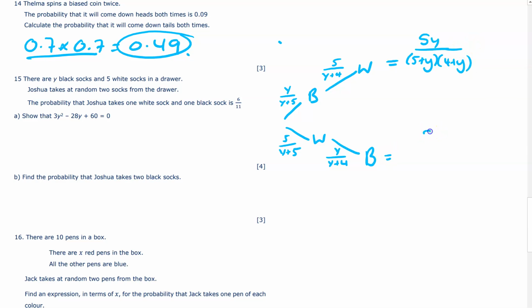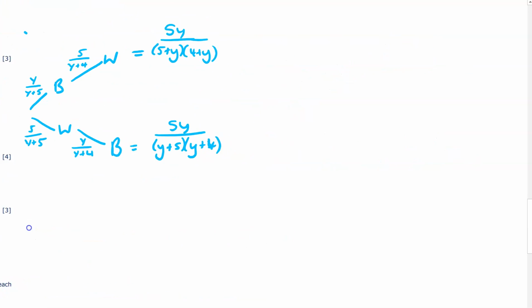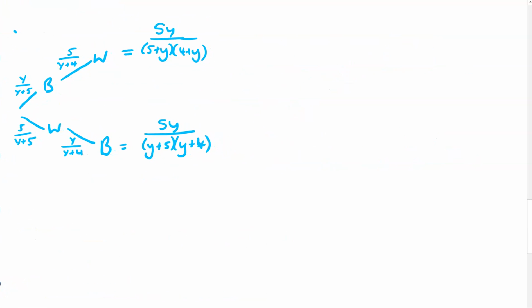And same thing here. If we add those together, we've got to get 6/11ths in a cancelled down form. Okay, so if we add them together, we're going to get 10y over y plus 5, y plus 4 is equivalent to 6/11.